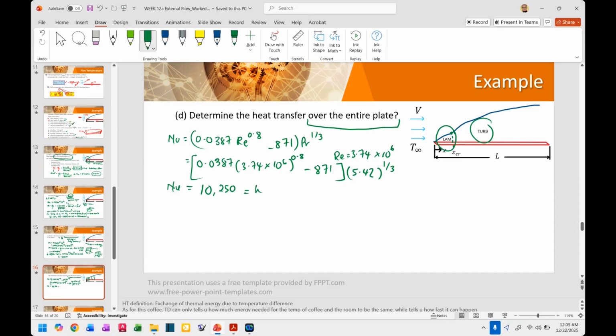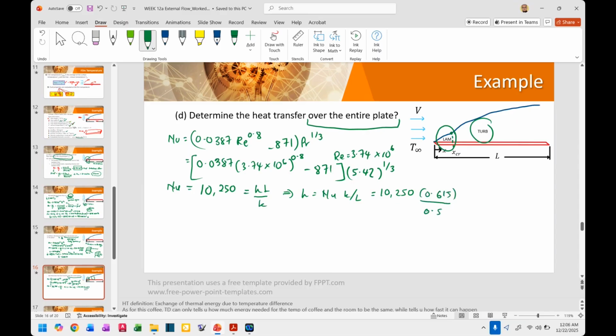And then we equate that. Nusselt number is also equal to H times L over K. And therefore, H equals Nusselt number times K over L. That is 10,250 times the K, which is 0.615, over L, which is 0.5.